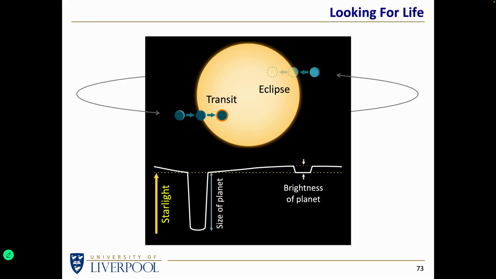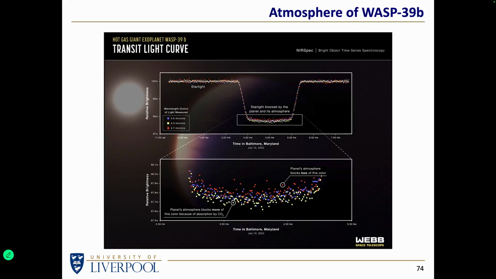So if we look for the dip in starlight at different wavelengths, we might find that at some wavelengths more light is absorbed, indicating that some molecules are absorbing those wavelengths, and we can determine the chemical composition of the atmosphere, which will give us hints as to whether or not there's any life on the planet generating those molecules, for instance, oxygen.